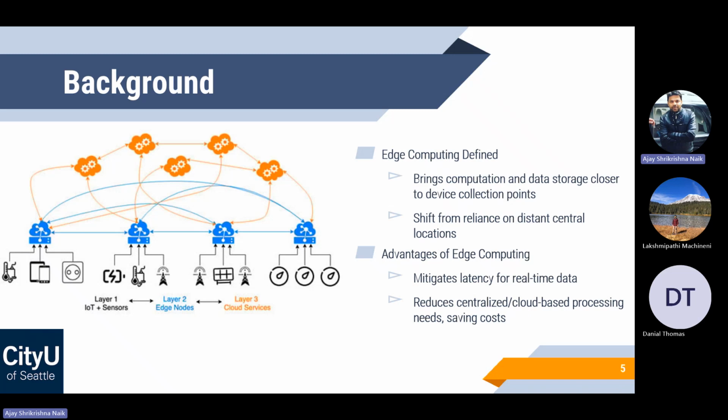For example, if it is 1 millisecond, it will be 0.5 milliseconds. My application is also on the networking side, so I have to use edge computing. I have also covered the advantages: it mitigates latency and reduces centralized cloud processing.